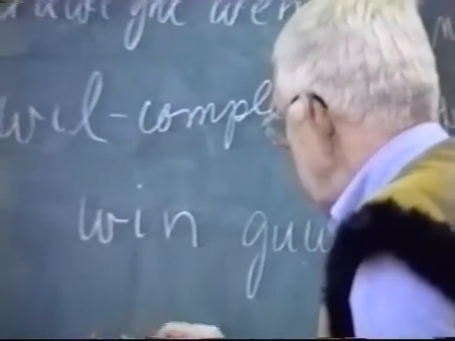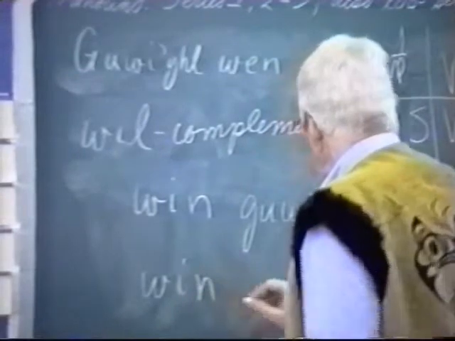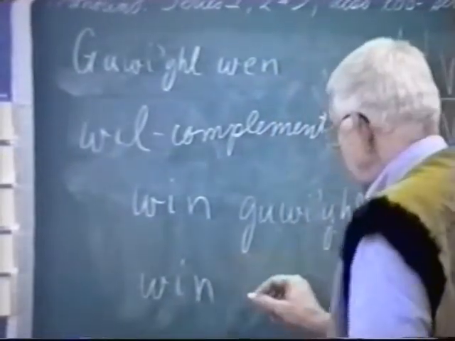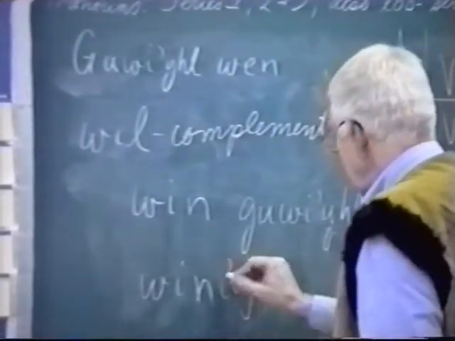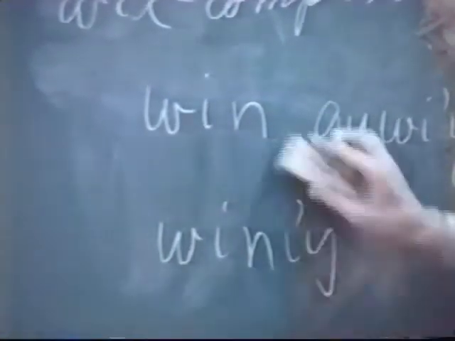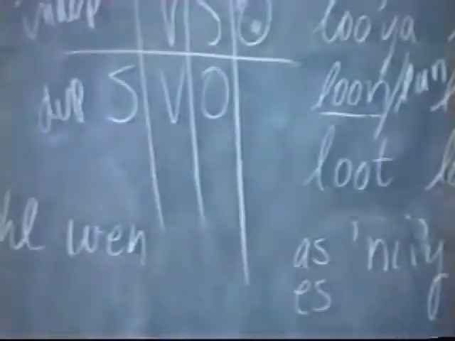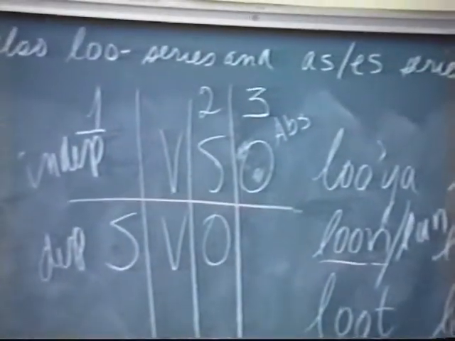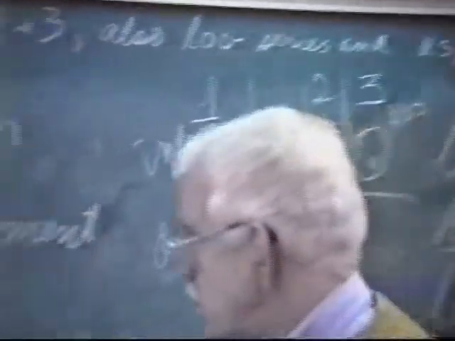Now, can I simply take this hard Y and put it there and say something like Winnie go when? No, I can't even begin to make sense out of it, because the series 3 pronoun for ni is quite different.